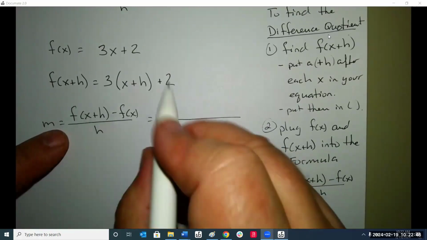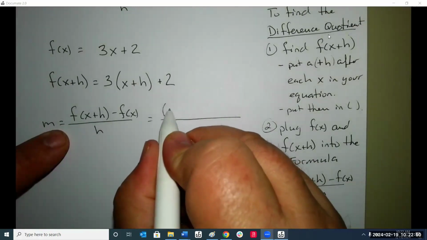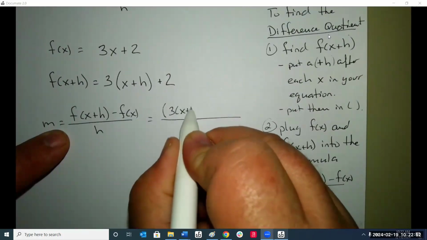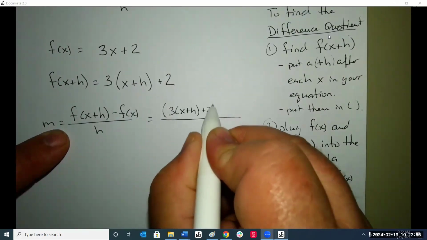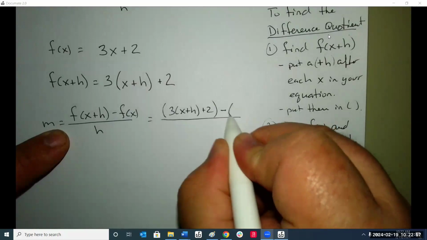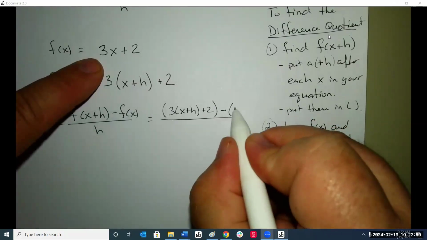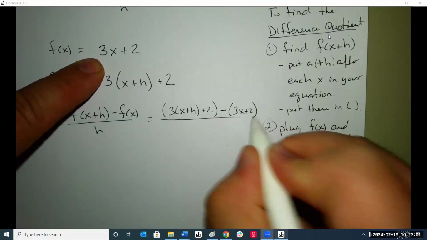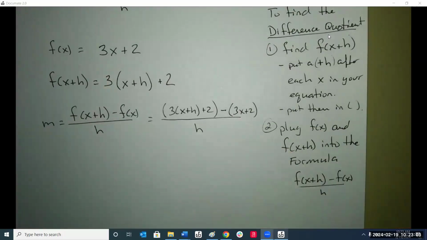So f of x plus h is 3 times (x plus h) plus 2, minus f of x, which is 3x plus 2, all over h.